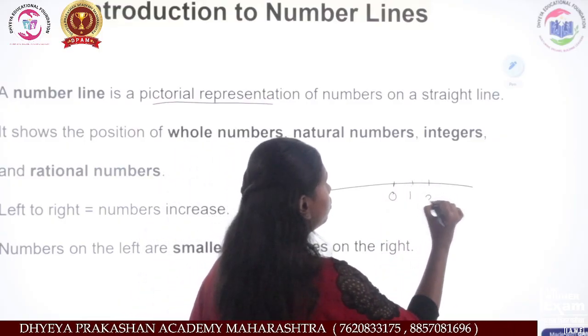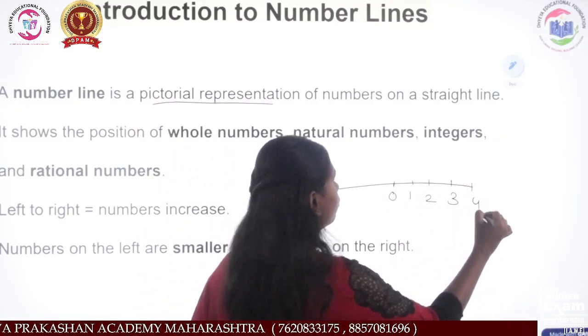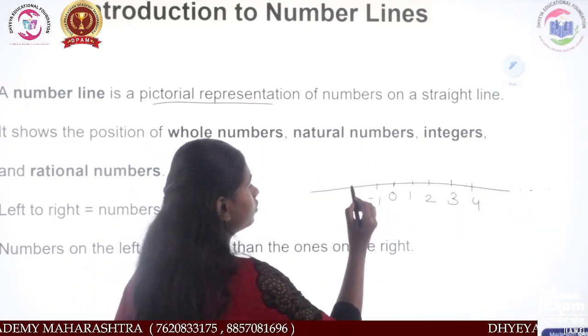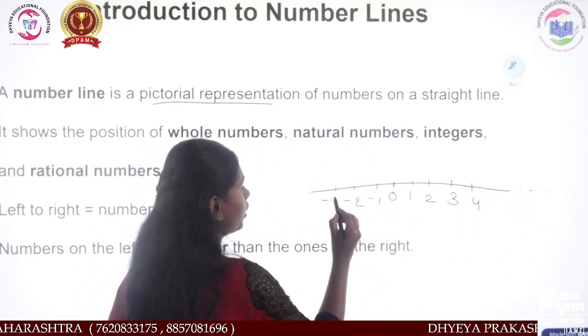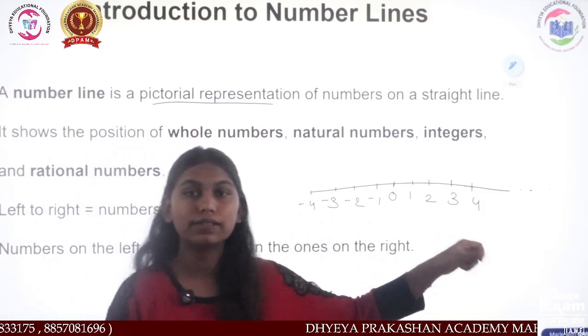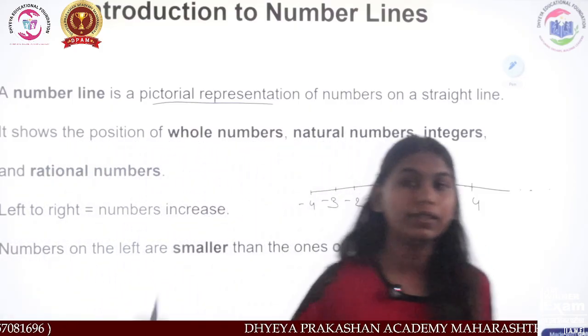Now, how is the number line? 0, 1, 2, 3, 4 up to whatever the number. Then -1, -2, -3, -4. Now, this is known as the number line.